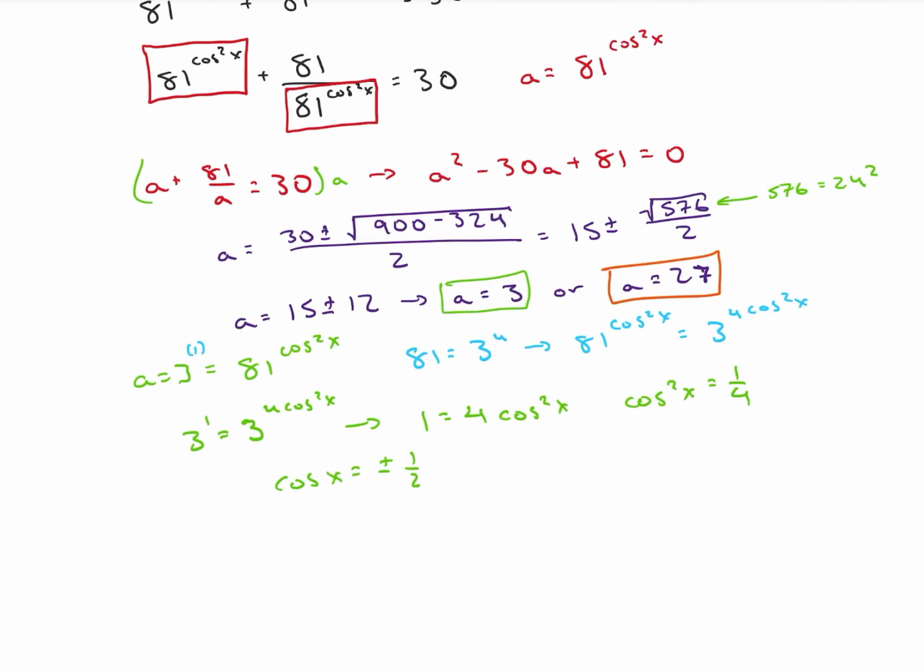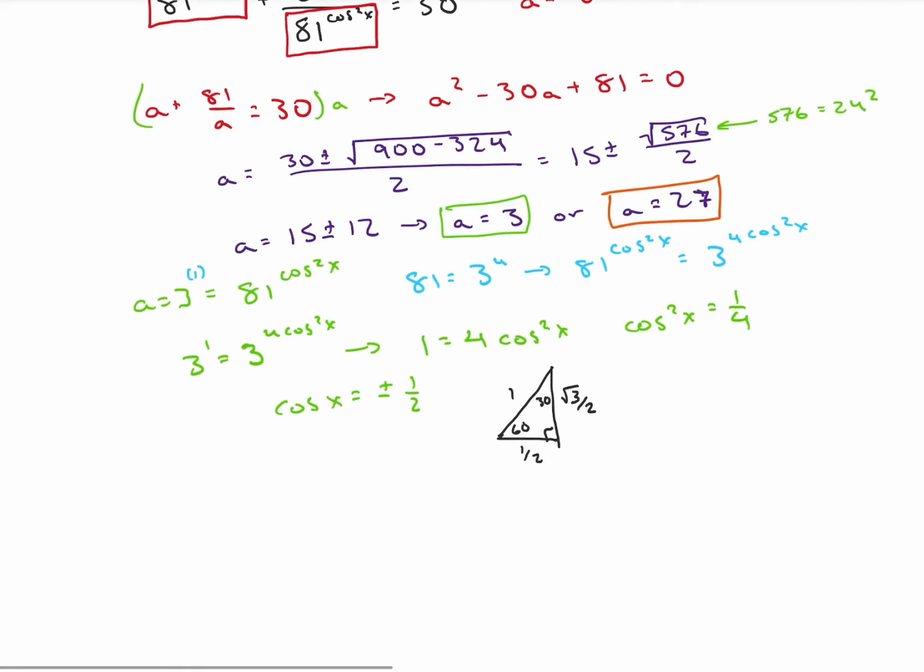So if we remember for our triangles, if we have a 30-60-90 triangle, then cosine is going to be 1/2, and sine is going to be square root of 3 over 2.